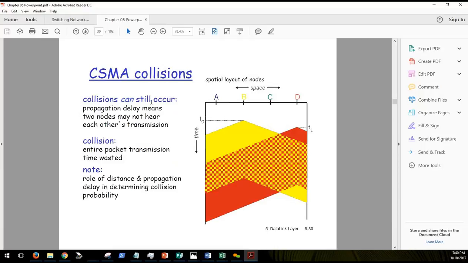Now here we're trying to calculate the probability of transmitting without collisions. Collisions can still occur. Propagation delay means two nodes may not hear each other's transmission.